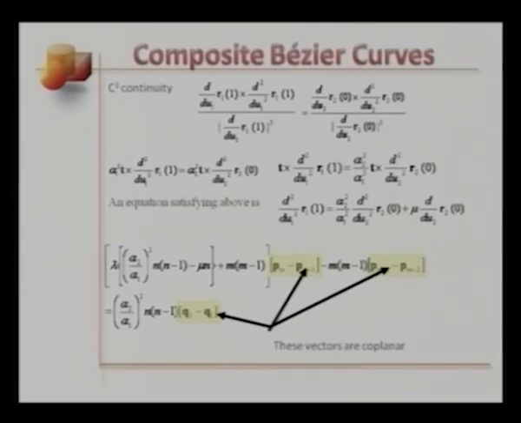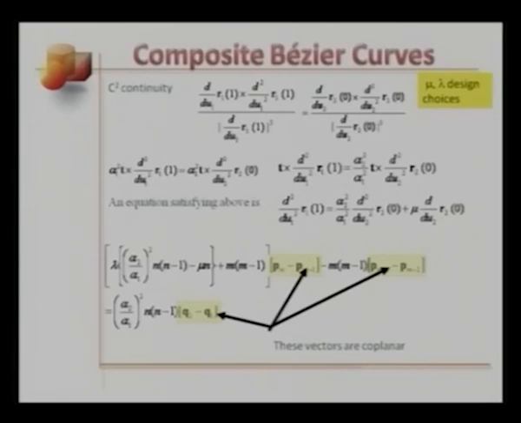They have to lie on the same plane in 3 dimensions or in Euclidean space to ensure that the composite Bezier curve is C2 continuous at the junction point. Here, scalars lambda and mu are our design choices. Lambda has the same expression that we saw before, and mu is any scalar that the designer can choose.